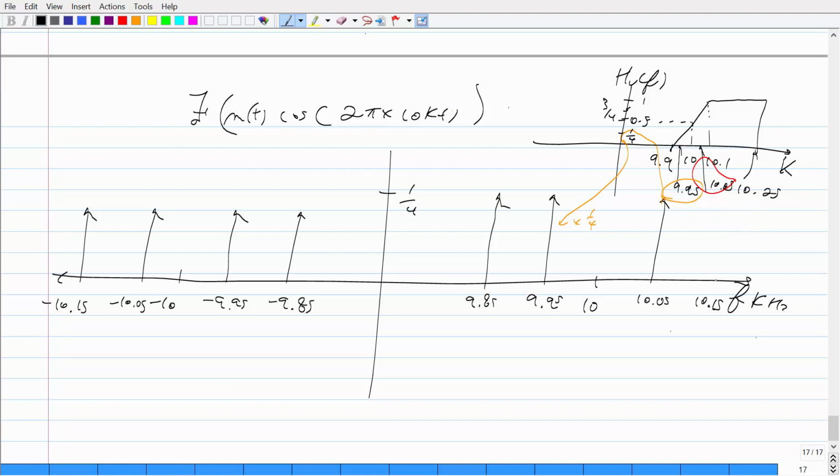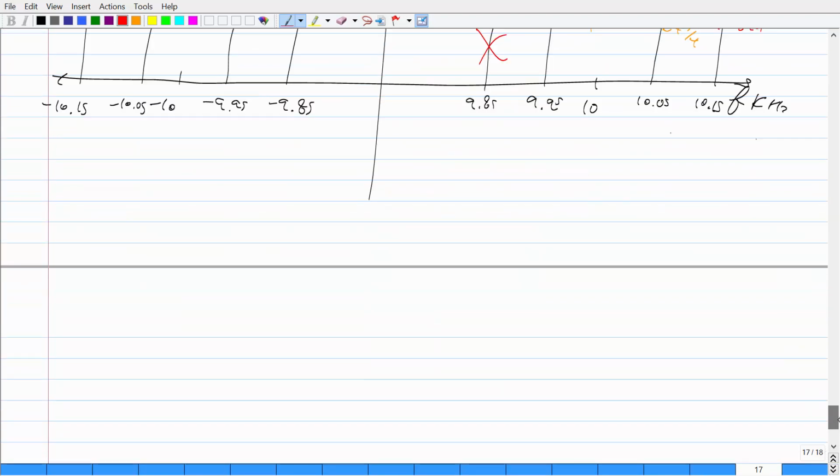And then this one stays the same. It's just multiplied by 1, because 10.15 is right over here, so I don't have to change anything. But then this one goes away, because it's outside of that frequency response.